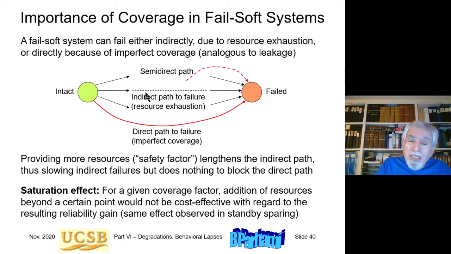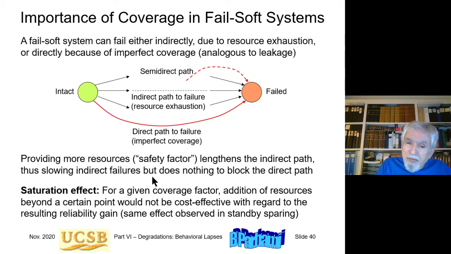So we can have failure due to catastrophic malfunction because of imperfect coverage, or due to resource exhaustion, where this path is taken and leads to failure. Now, because of this direct path, even if it has a tiny probability, and we discussed this before, it's sometimes not advantageous to add a lot of resources.